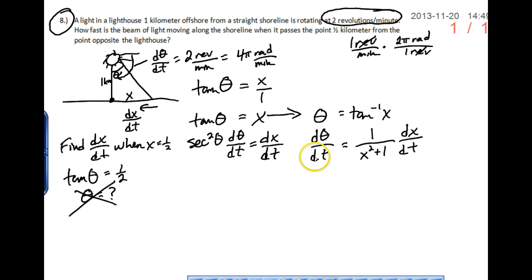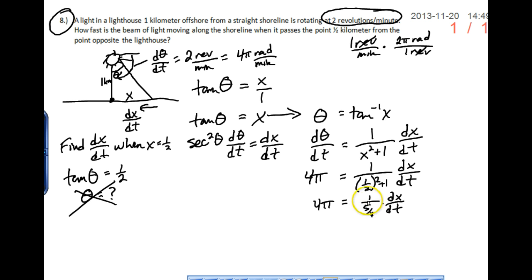So if we continue on the right side, d theta/dt is 4 pi radians per minute equals 1 over x, which is 1/2, squared plus 1, times dx/dt. So now 1/2 squared is 1/4. So I have 1/4 plus 1, which is 5/4. So I have 1 over 5/4 times dx/dt equals 4 pi.